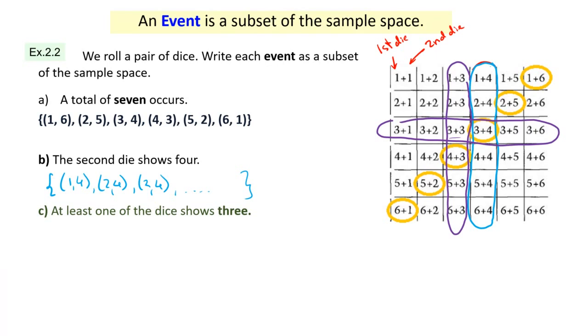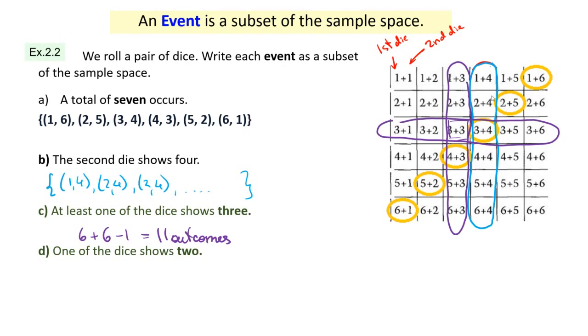So there will be 6 plus 6 minus 1, 11 outcomes, because we don't want to count this one twice. So 6 in the line, 6 in the column, and we don't count this one in the middle twice. Altogether 11 outcomes. The question can be different.